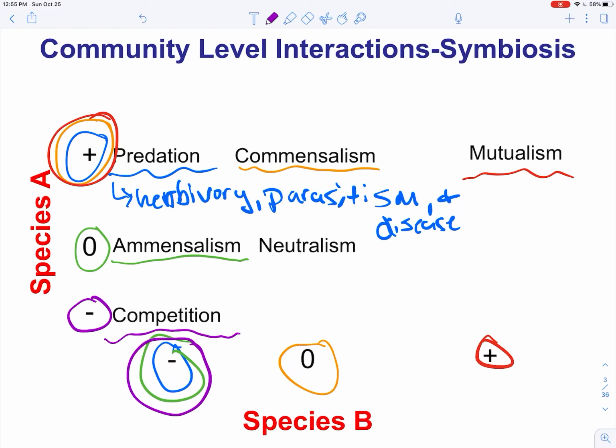Here you're seeing that both species have a negative interaction due to this relationship. This may seem kind of weird, but ultimately there is an energy cost or a fitness cost of being part of this interaction. So even though one species may win and the other species loses, that winning still comes at some sort of cost.